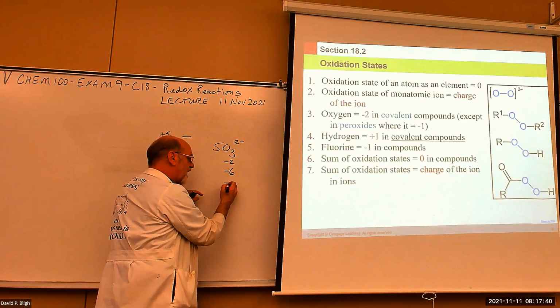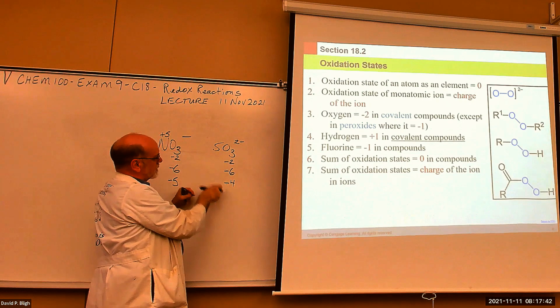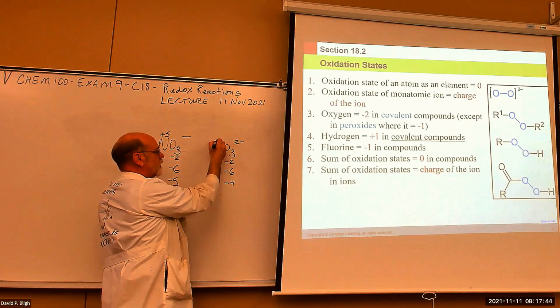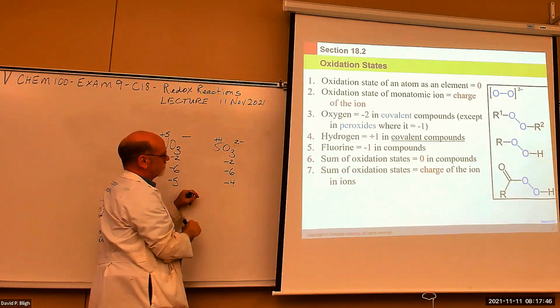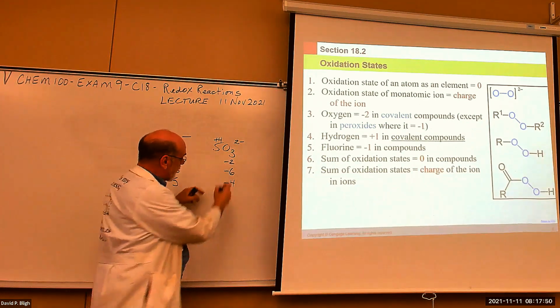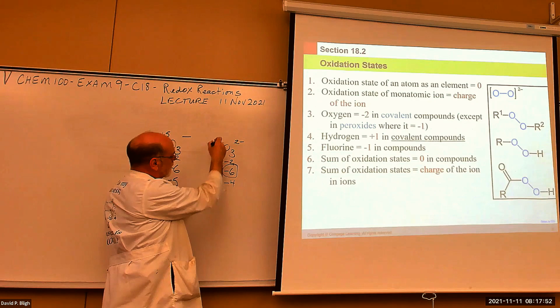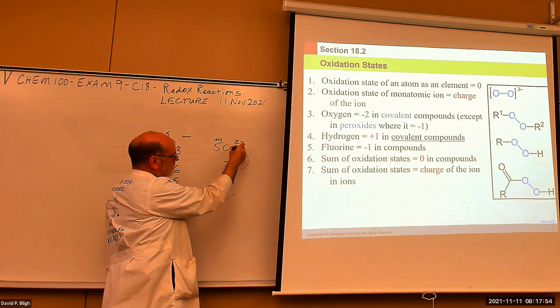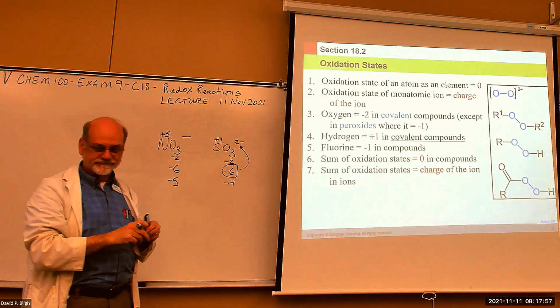That means we only have to balance 4 minuses with sulfur. So sulfur is +4. And check yourself: a total of -6 on this side and a +4 yields a -2.